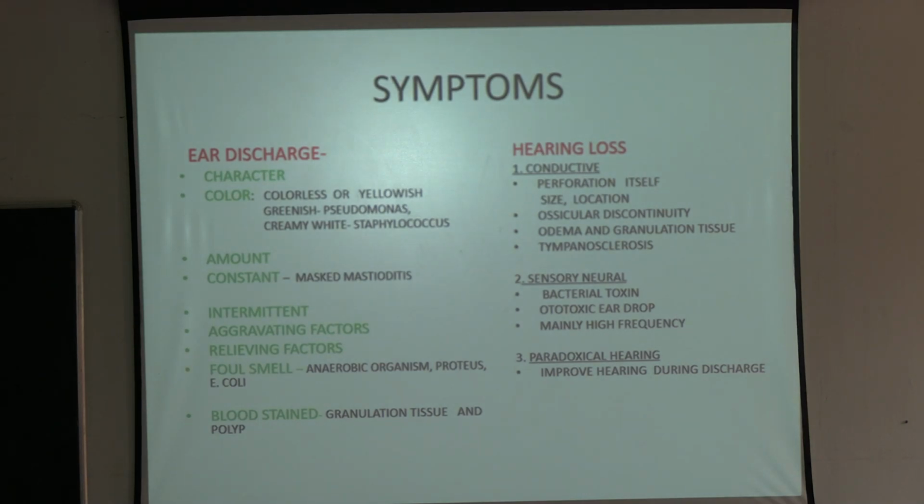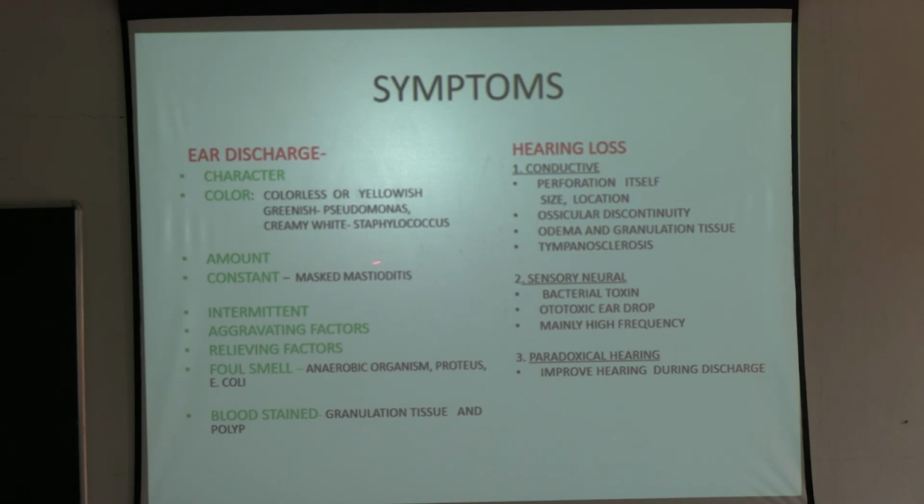Symptoms, ear discharge, character is very important. Color, colorless or yellowish, when there is least infection, then discharge will be colorless. Green discharge is due to Pseudomonas infection. Creamy white discharge is due to Staphylococcal infection. So you can assess from the color of the discharge which bacteria is involved.